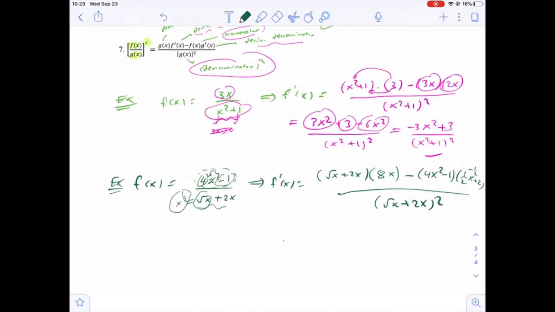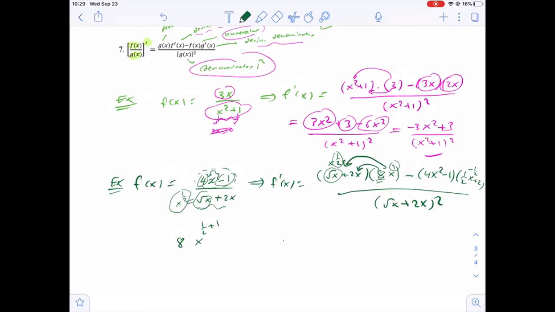So let me show you how to simplify if you need it. Square root x is x to 1/2. Now we multiply 8x by x to 1/2, so that's 8x to the power 1/2 plus 1, because the power of x is 1 here. So when we multiply them, we add the powers. The power here is 1/2, the power here is 1, and that's a constant.